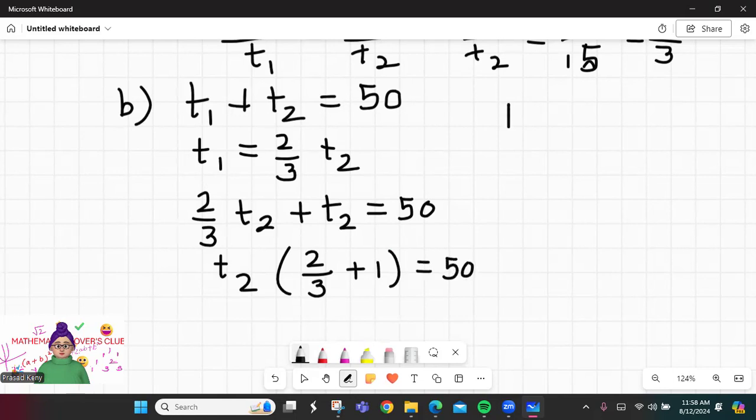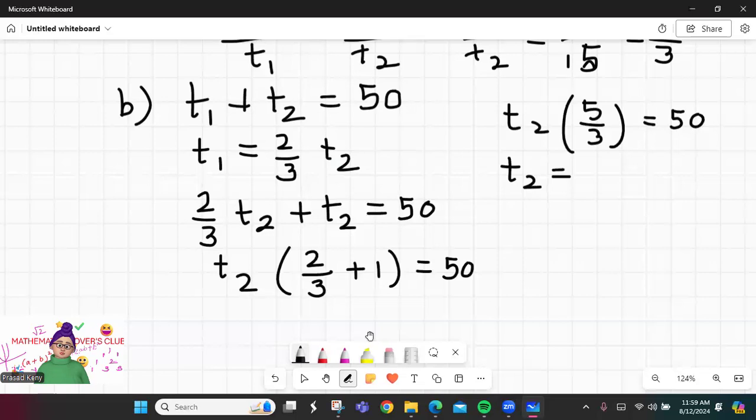So t2 into 5 upon 3 is equal to 50, which will give me t2 is equal to 30 seconds. It is 50 into 3 divided by 5, that is 30 seconds.